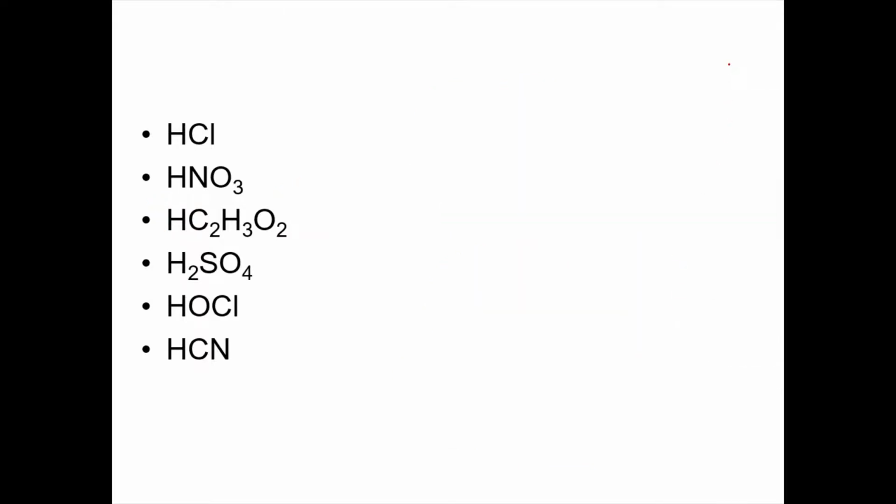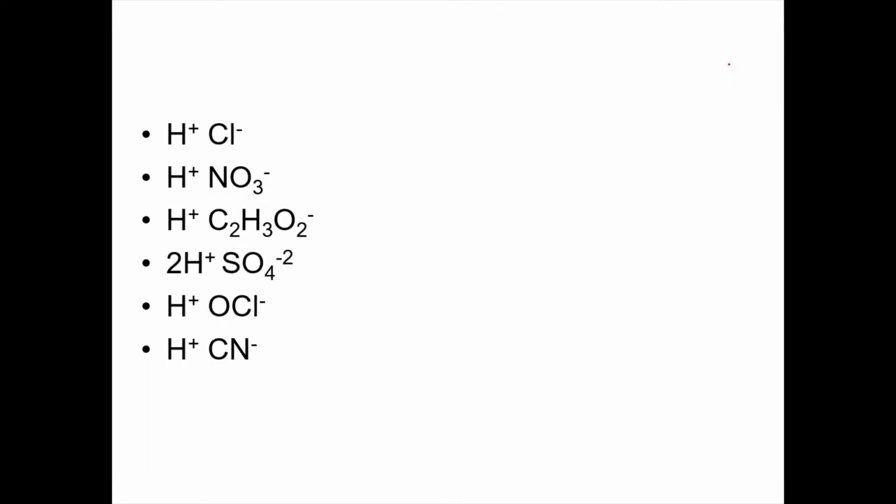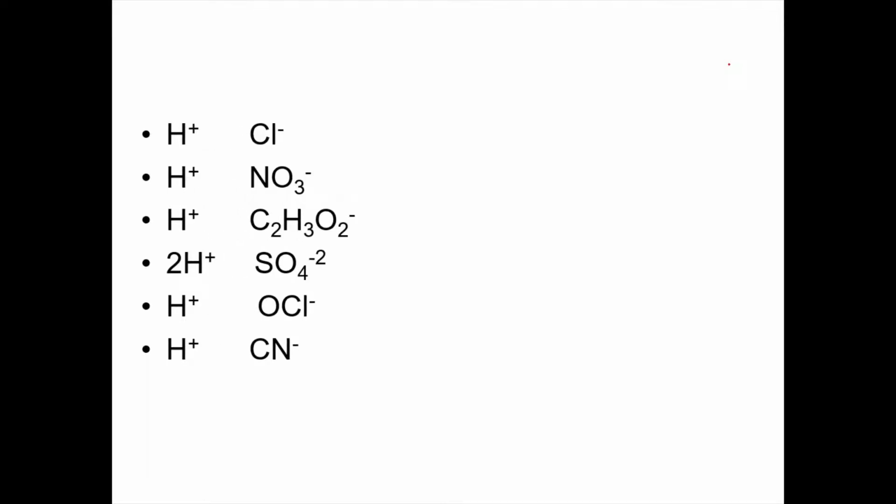On this slide, what I want to show is that acids are hydrogen donors. And as you can see right here, what we're going to have is the anion move away from the hydrogen ion, and the hydrogen ion separates from the rest of the molecule. That's what an acid does. The rest of the molecule gives up its hydrogen, moves away from it, or I guess you can say it kicks the hydrogen off.